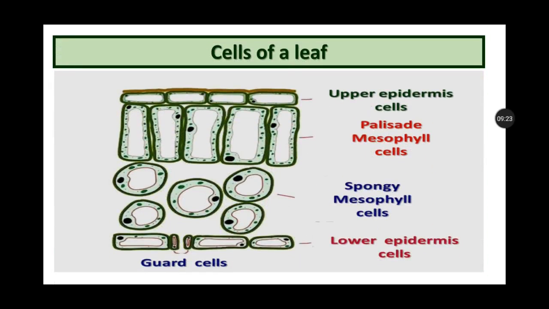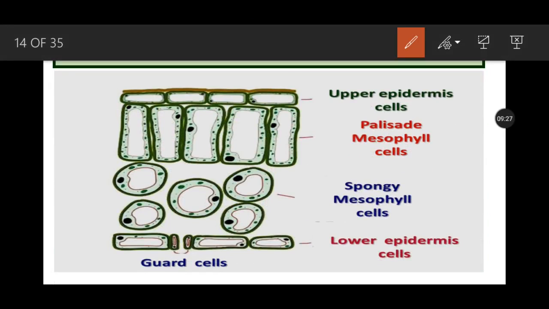Now the cells of a leaf. Inside a leaf there are different cells present. The upper epidermal cells have very few or no chloroplasts. Then there are palisade mesophyll cells and spongy mesophyll cells.